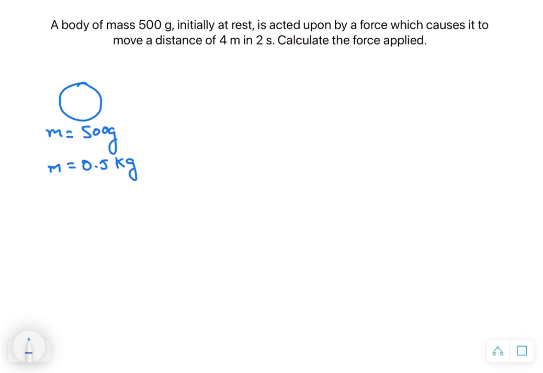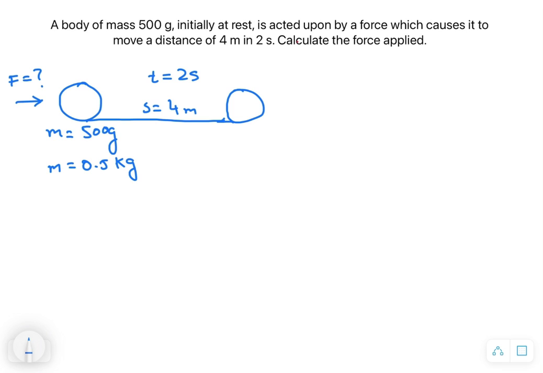Now, because of some force, it moved a distance of 4 meters in 2 seconds. Calculate the force applied. We need to find the force which caused this body to move a distance of 4 meters.